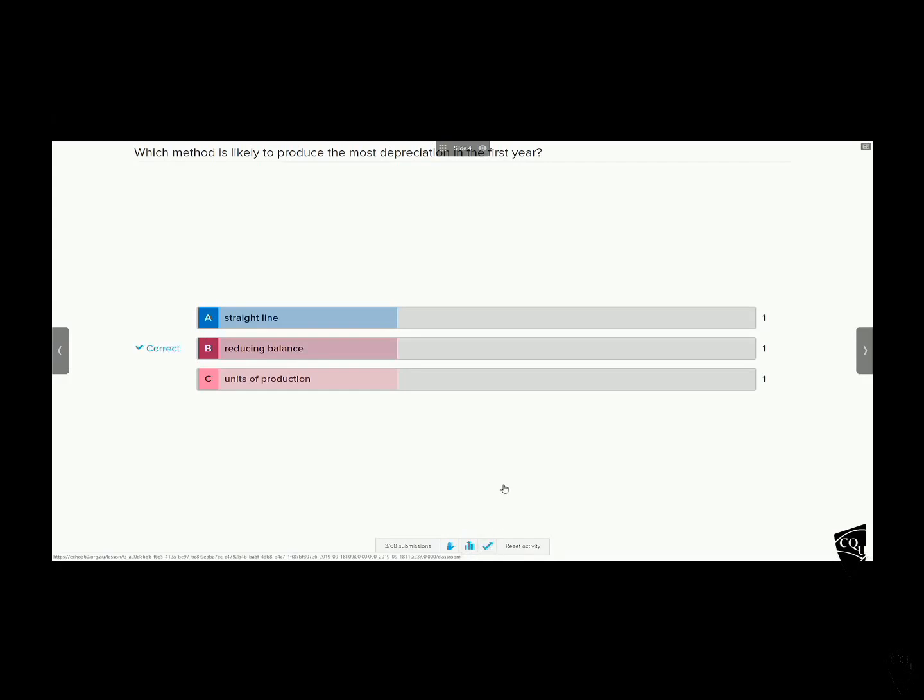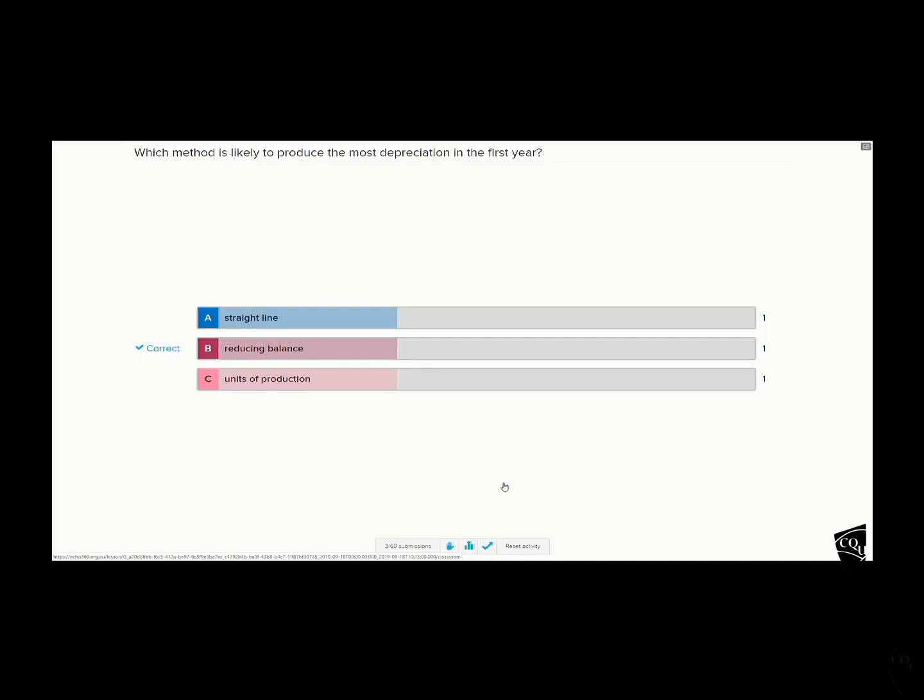Correct answer is the reducing balance method. The methodology of the reducing balance method is that more of the depreciation is debited in the early part of the life of the asset and less in its later life.